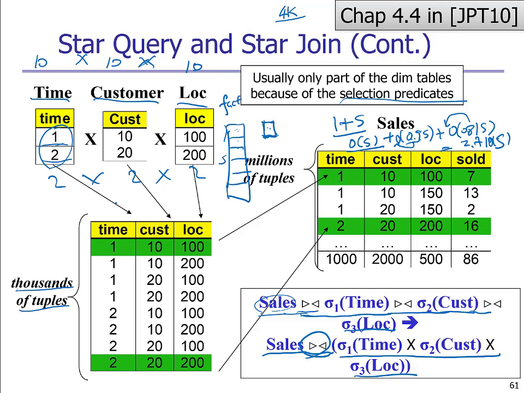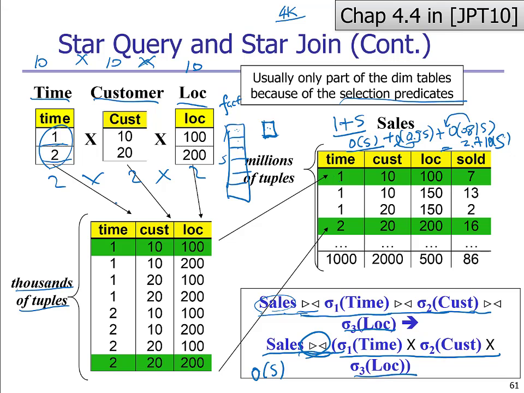I mean, it is a constant number. So essentially, we will have a big O of S as the time complexity of using star join. So you can see how using star join actually reduces the time complexity of this star query, right?